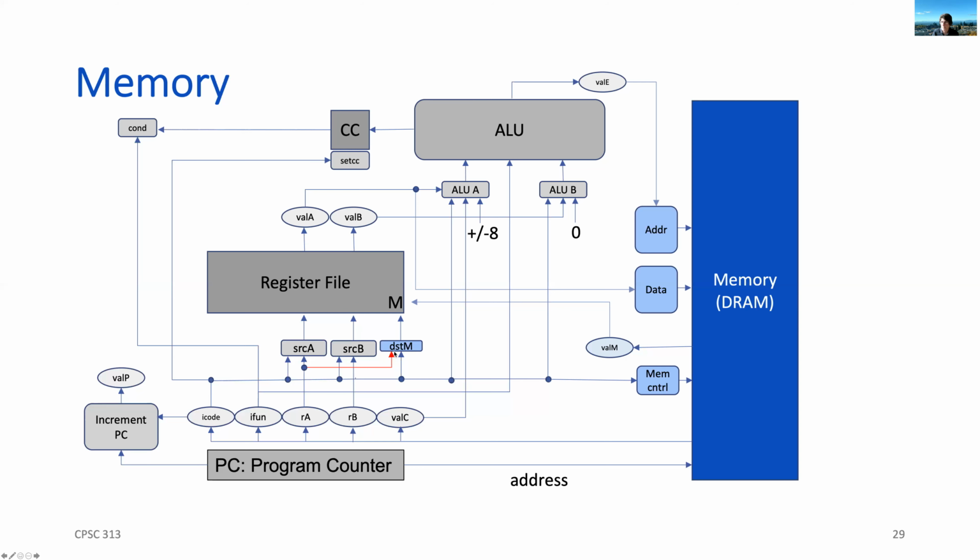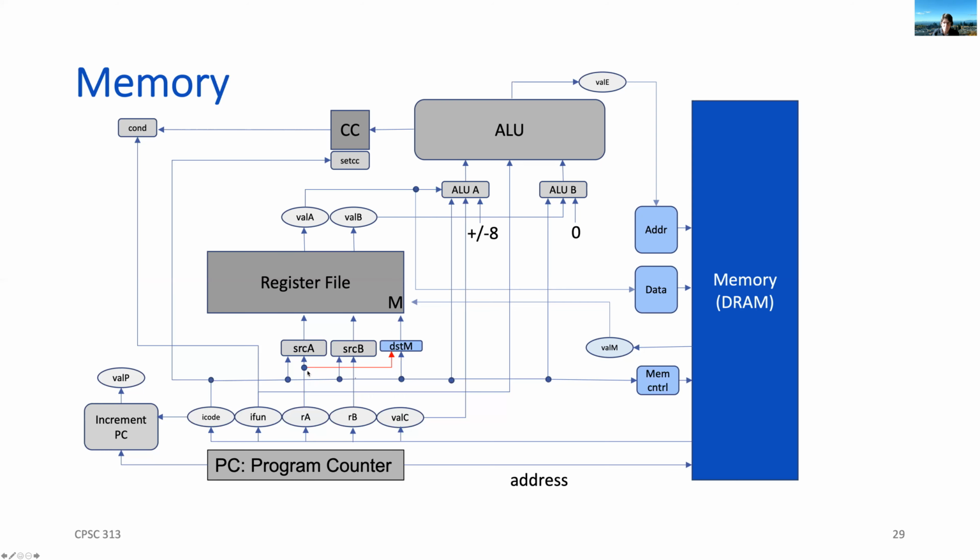So we'll feed that into dest-m, and then we'll also feed in the opcode so that dest-m can decide when it needs to activate the memory port with the value from RA.